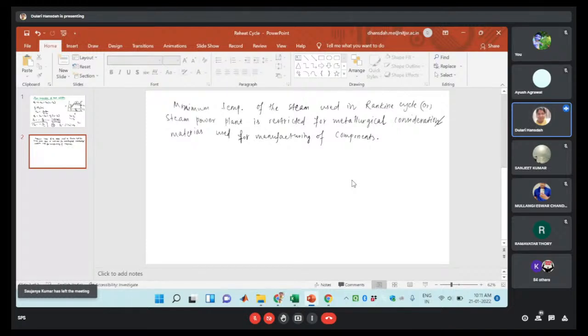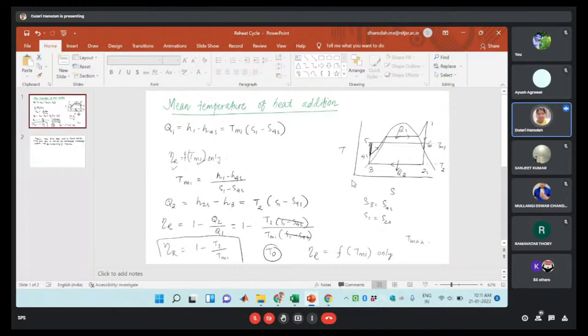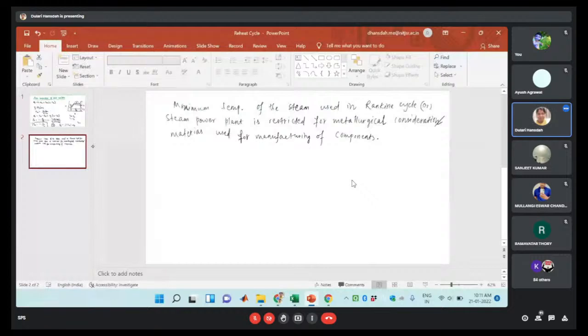Okay. So in case of your Rankine cycle, the maximum temperature can go only up to the metallurgical limit of the components. Whatever material is used to make the components is restricted in the use of high temperature and high pressure steam.